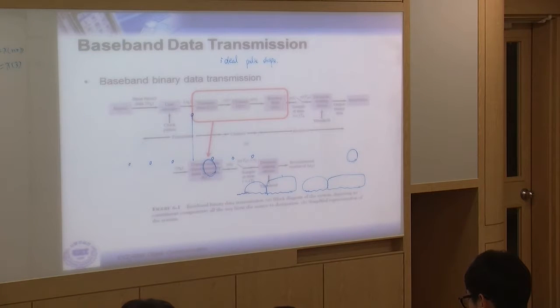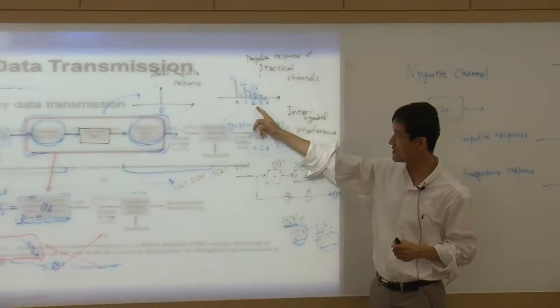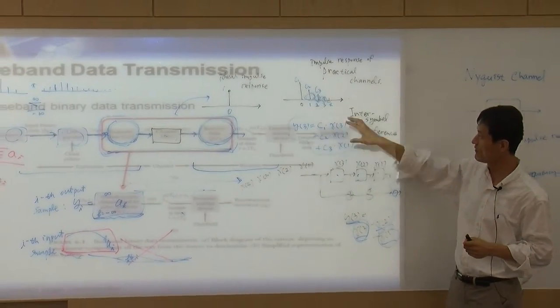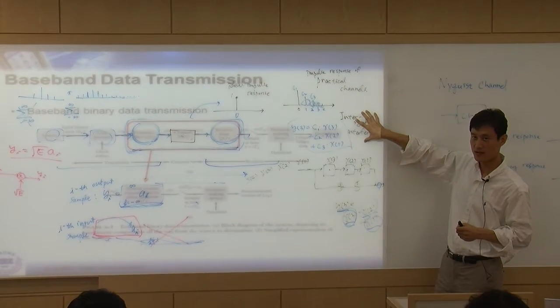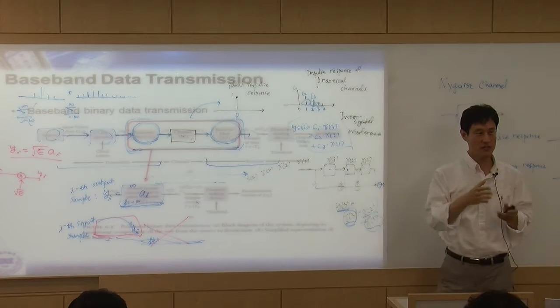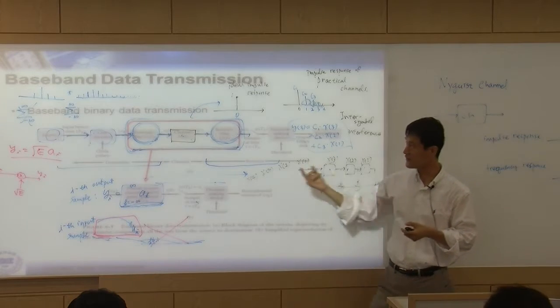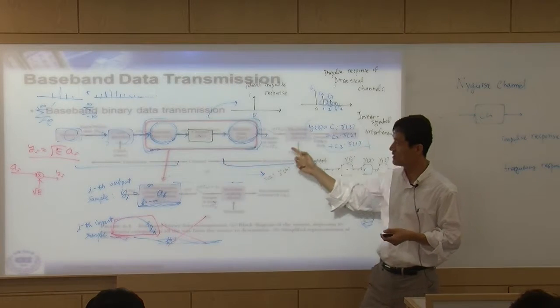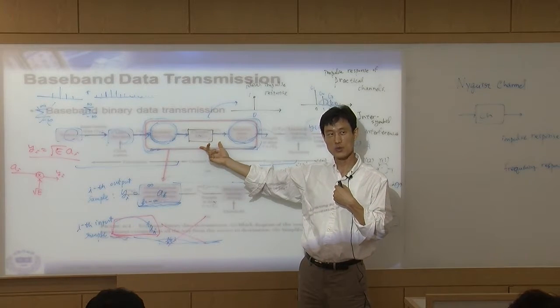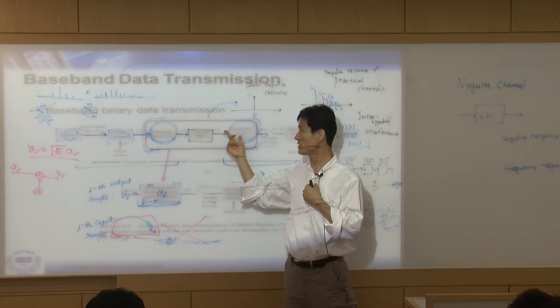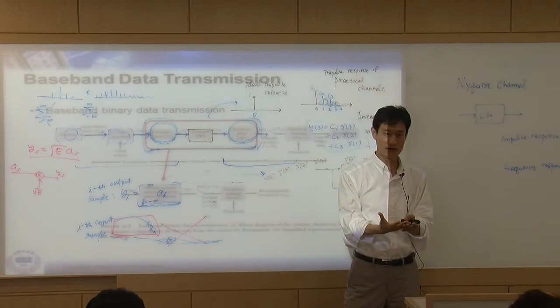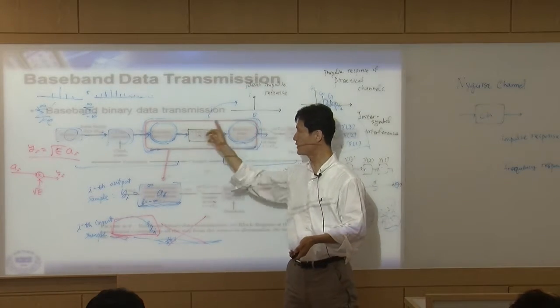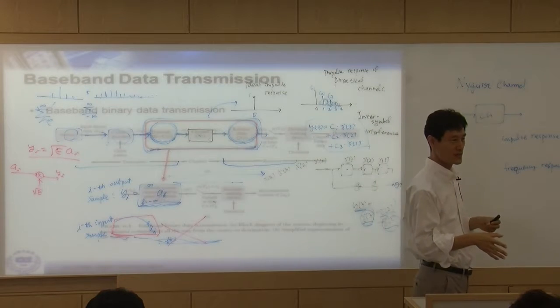Our channel is a bad channel, so we have a lot of memory in the channel. Because of all this memory and multipath, we have ISI, right? This is a very bad thing. That's our starting point. Because this guy has a lot of memory and ISI, we are going to design special filters and put that all together, and we want to make this red one a Nyquist channel.